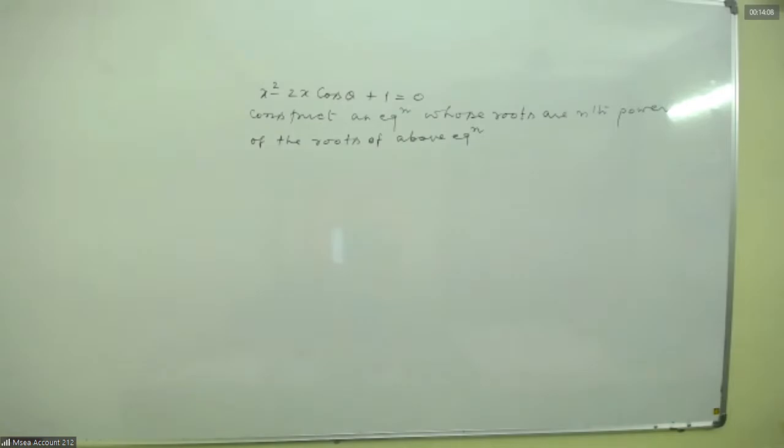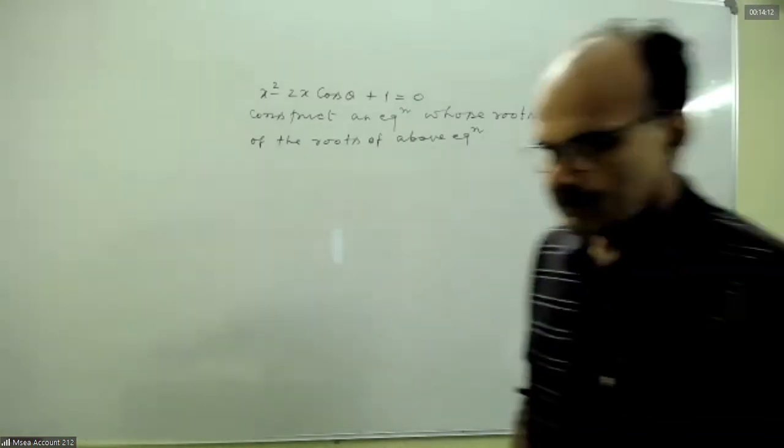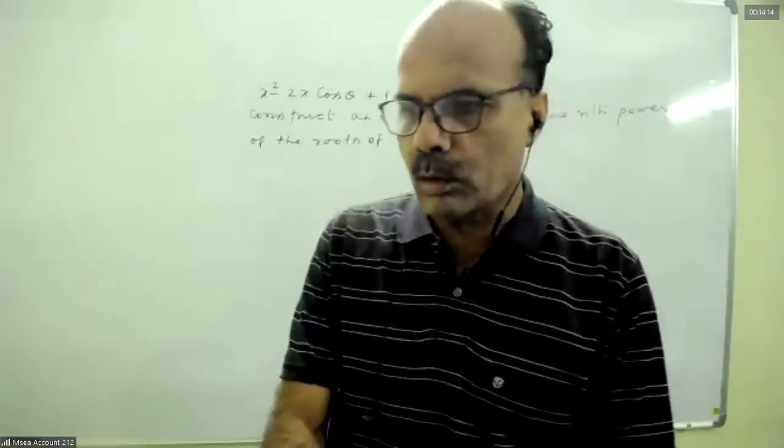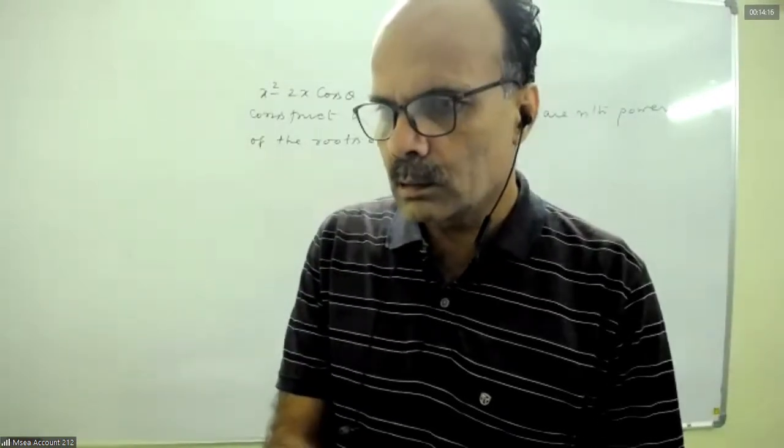The answer is x square minus 2 cos n theta x plus 1 equal to 0.